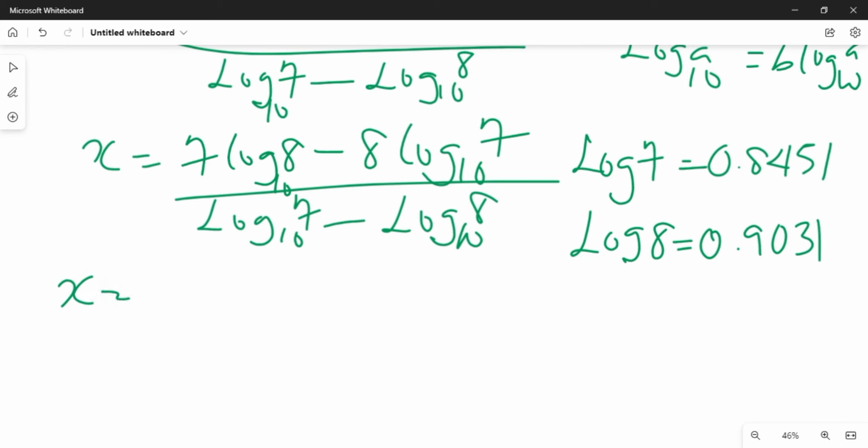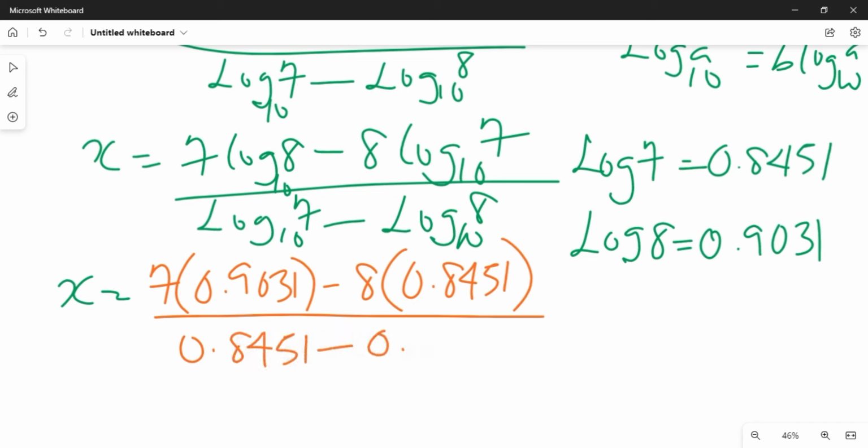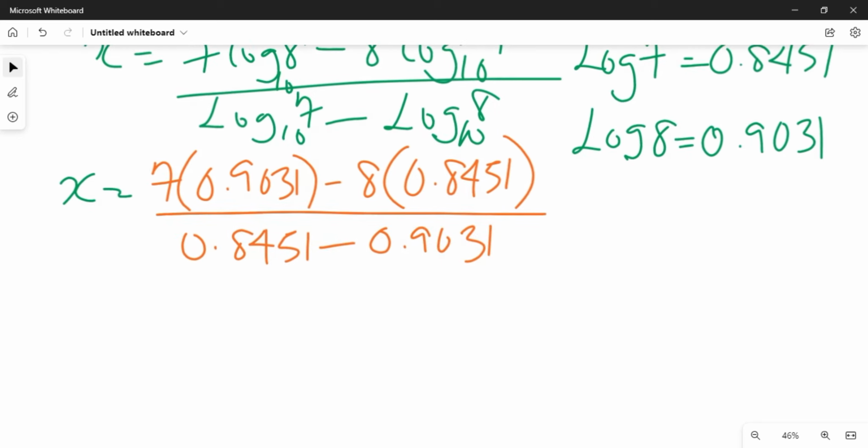We'll have our x to be equal to 7 multiplied by 0.9031 minus 8 multiplied by 0.8451 all over 0.8451 minus 0.9031.